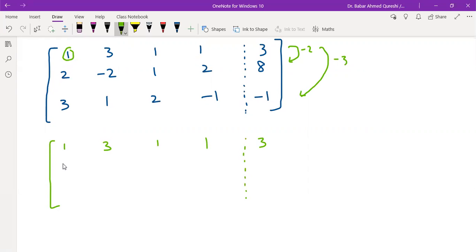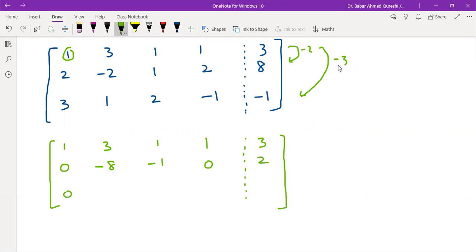And when I add it to the next one, minus 2 plus 2, 0. Minus 6 minus 2 is minus 8. Minus 2 plus 1 is minus 1. Minus 2 plus 2 is a 0, minus 6 plus 8 is a 2. And then a 0 here.